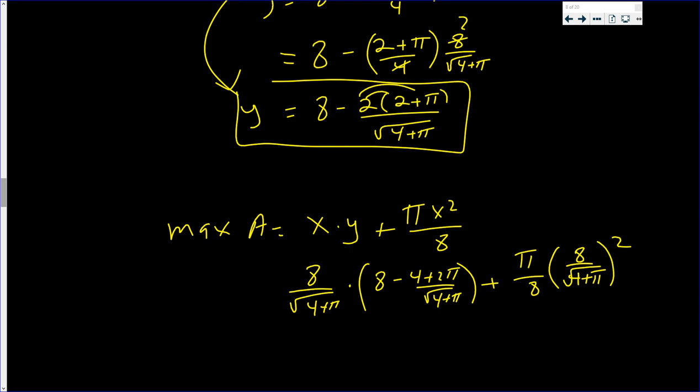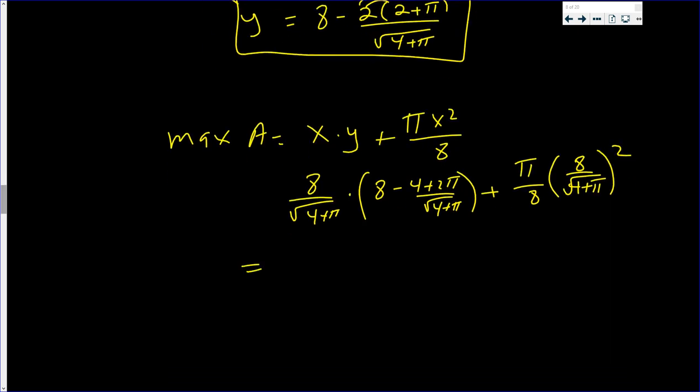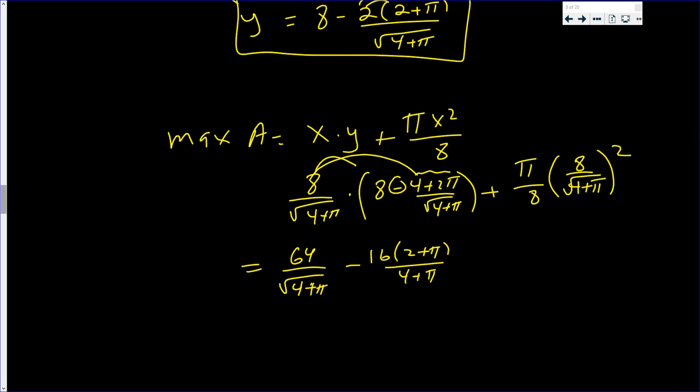Okay, let us clean this up a little bit. Distributing there, we get 64 over the square root of 4 plus pi minus, when we distribute that, remember there was a 2 in there, so I get 16 times 2 plus pi, and the denominators multiply out to just 4 plus pi, plus pi over 8 times 8 squared over 4 plus pi, and that becomes 8.